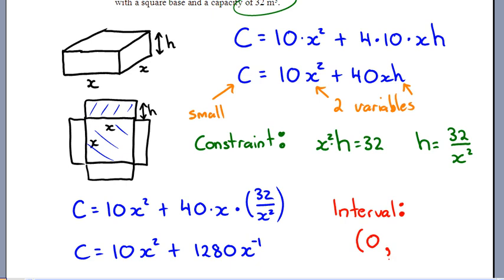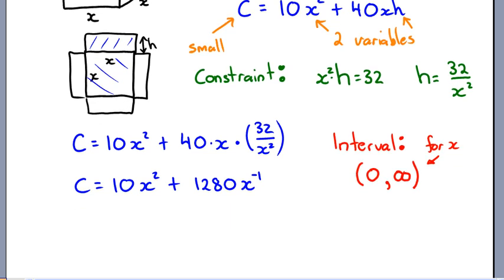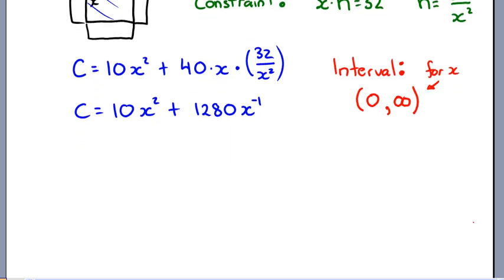It would be very expensive, but you could make it 80 by 80 meters as long as you made it super short, this overall box you're making. So in fact, why stop at 80? You could make it as big as you want on the base, but you will have to make it very short. So the interval is actually soft edges both sides. We're going to go from 0 to infinity. So this is the interval for x, right? What are your choices for x? Well, they got to fit in there. Okay. Hopefully the calculus can find the answer, because it doesn't look like it's going to be an endpoint issue.